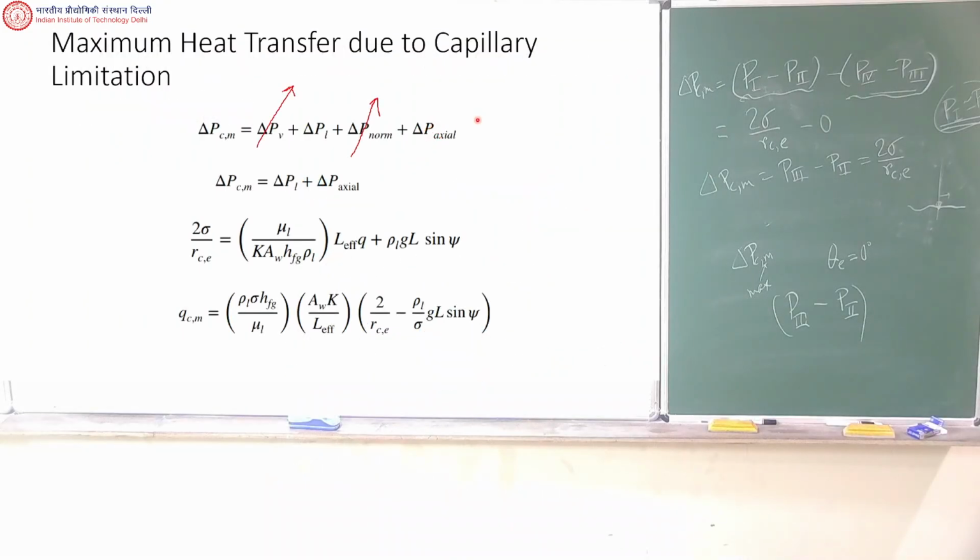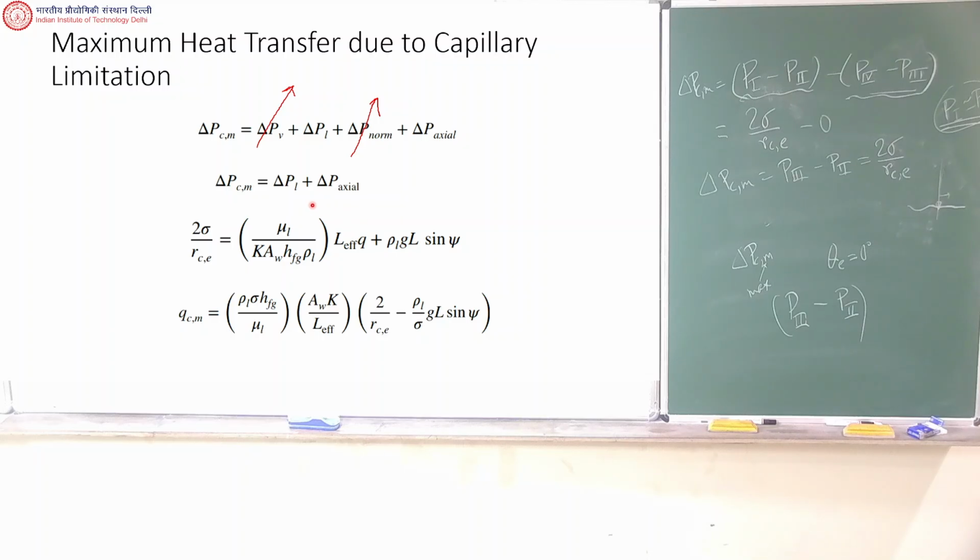Delta PV we can neglect because it's typically small, but we still looked at a formula for it, and when we do a problem we'll still calculate it using that relation. Delta PL will be higher than delta PV. Delta P normal is typically not much, but delta P axial can be somewhat more important.